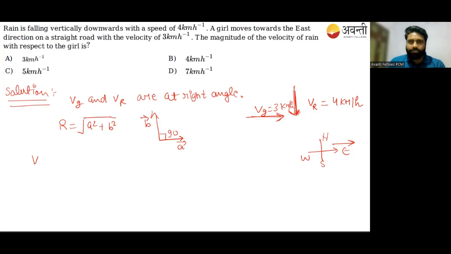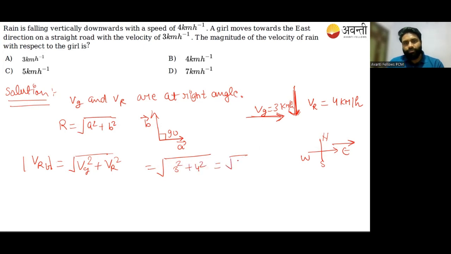So the speed of rain with respect to the girl is nothing but the square root of the square of the speed of the girl plus the square of the speed of rain. We have the values: 3 square plus 4 square, which gives the square root of 25, equal to 5 meter per second.